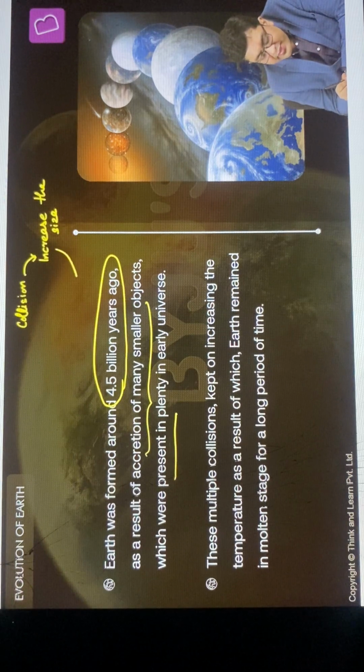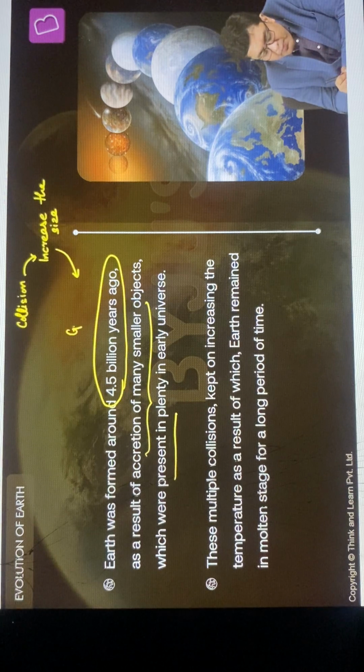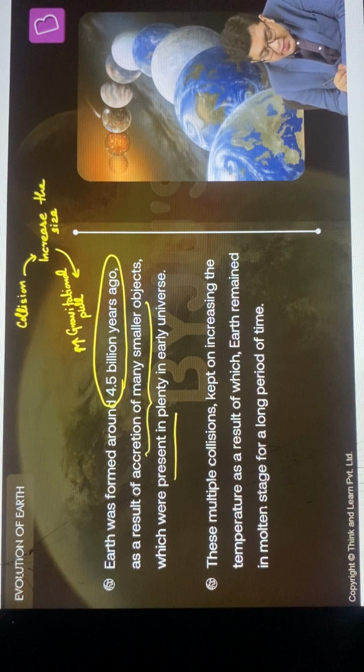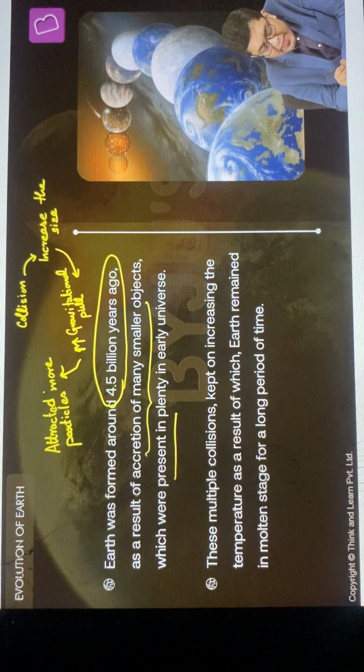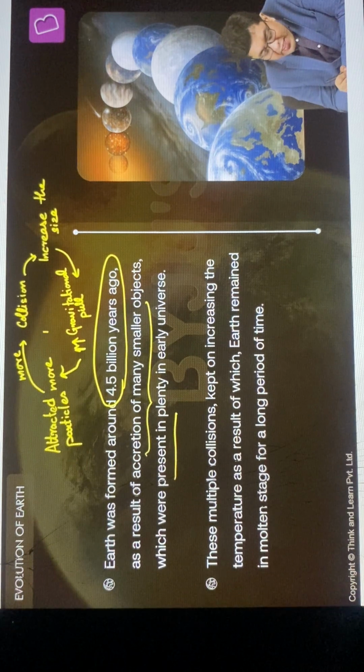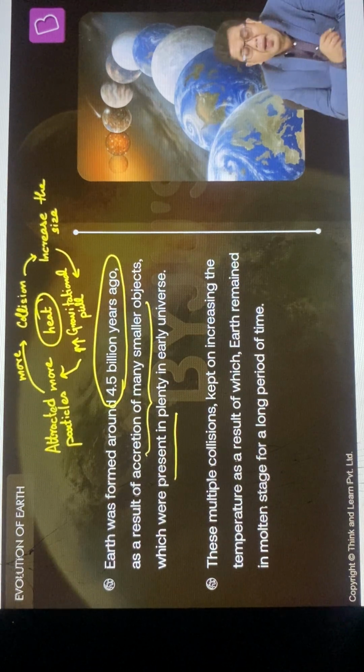With the increase in size, the gravitational pull also ended up increasing. As it increased, it attracted more particles, and as it attracted more particles, it led to more collisions. And this continued, and heat was produced as a byproduct.